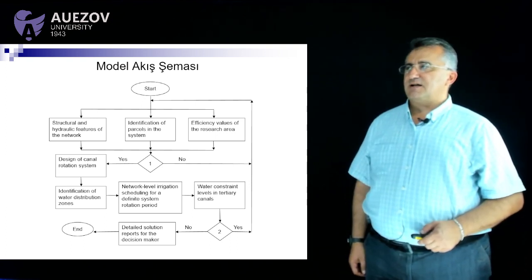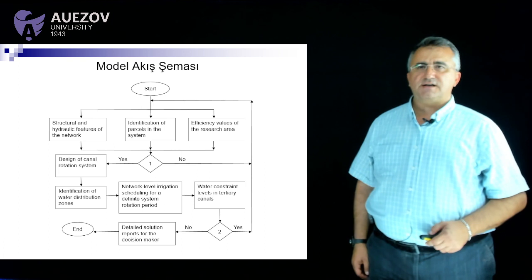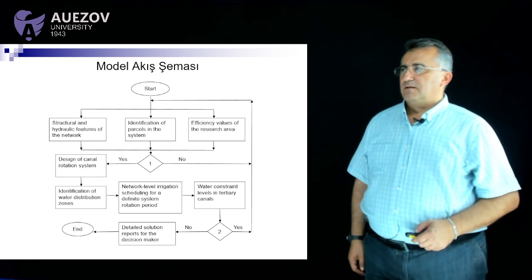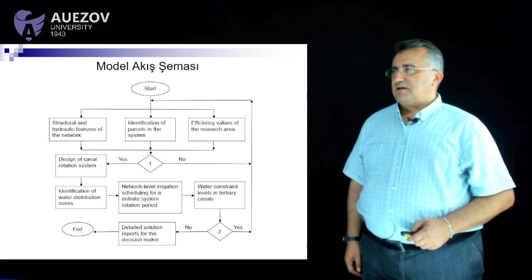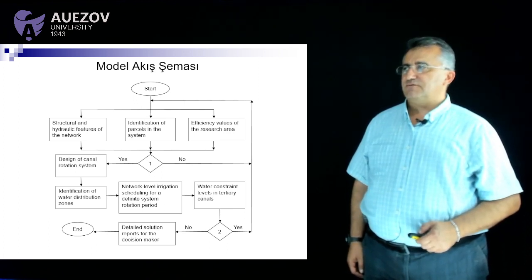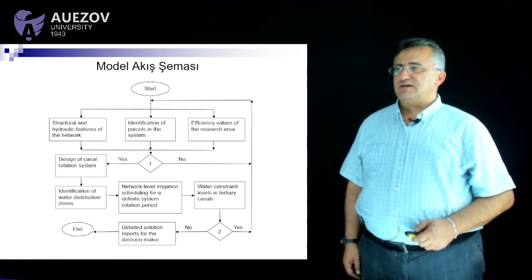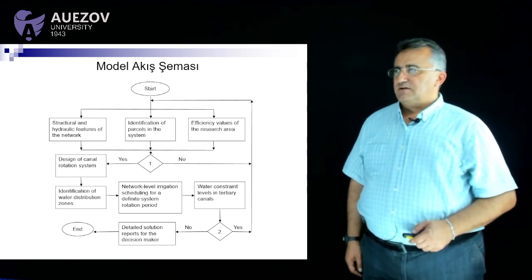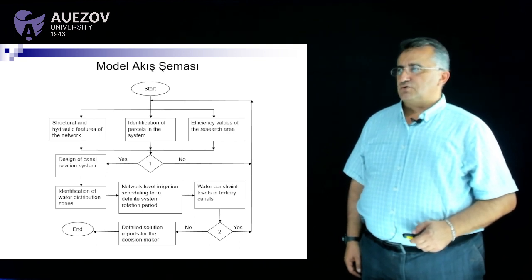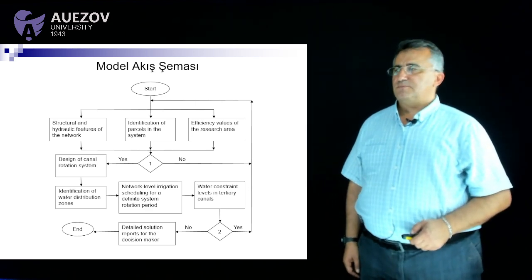Identification of parcels in the system, efficiency values of the research area, design of canal rotation system, and identification of water distribution zones, network level irrigation scheduling for a definite system rotation period, water constraint levels in tertiary canals, and here a decision is given. Detailed solution reports for the decision maker, and the program completes its working.